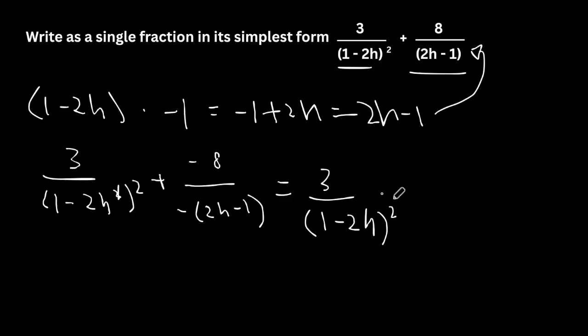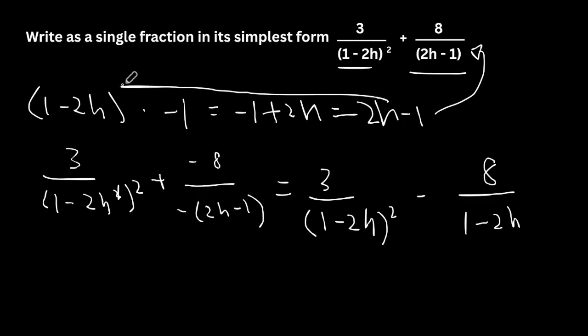Plus and minus gives me -8. Negative 2h minus 1 gives me 1 minus 2h, as I showed over here. So this is what we get. 3 over (1 minus 2h) squared minus 8 over 1 minus 2h.